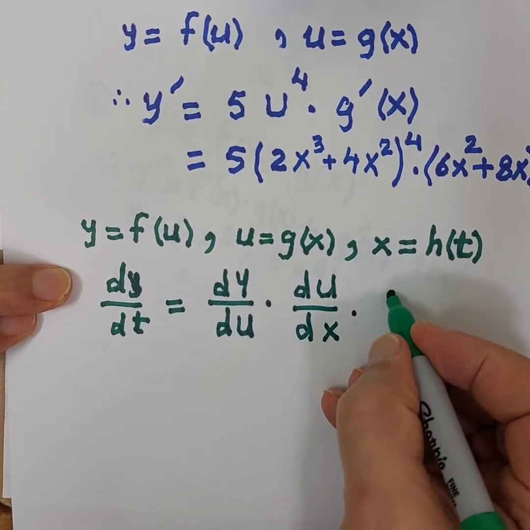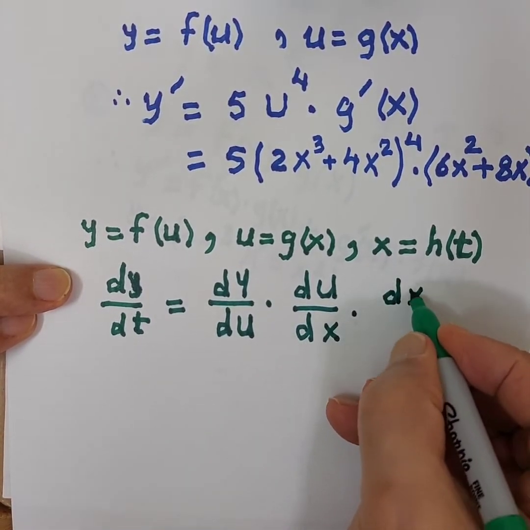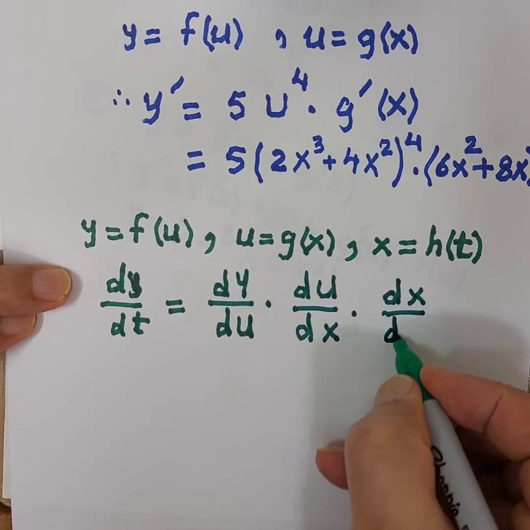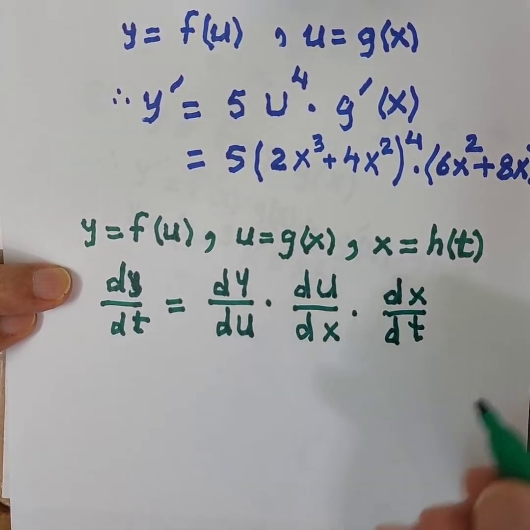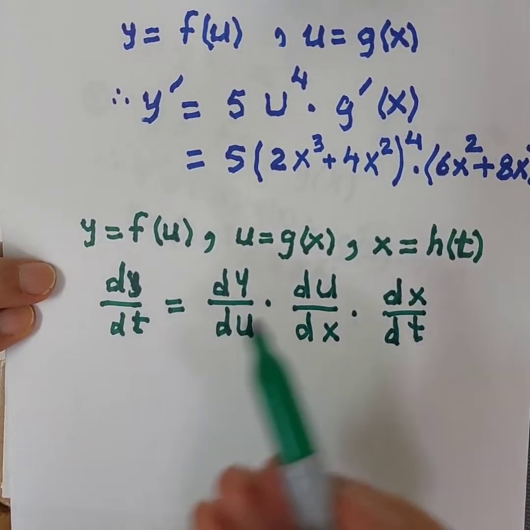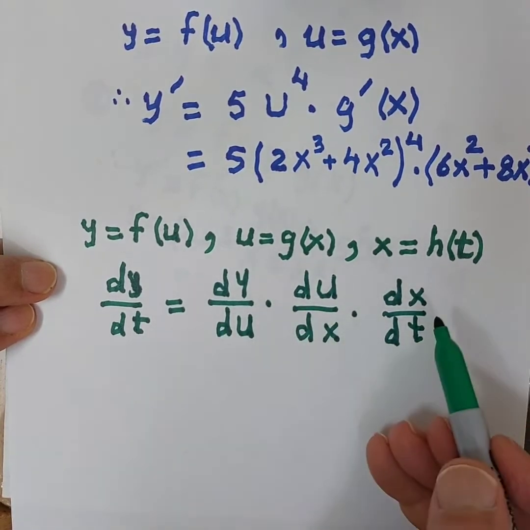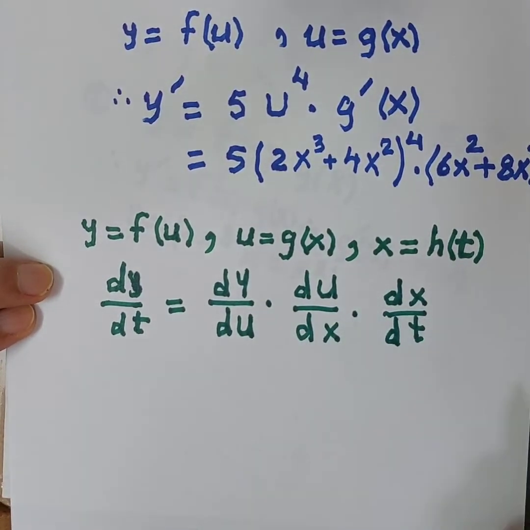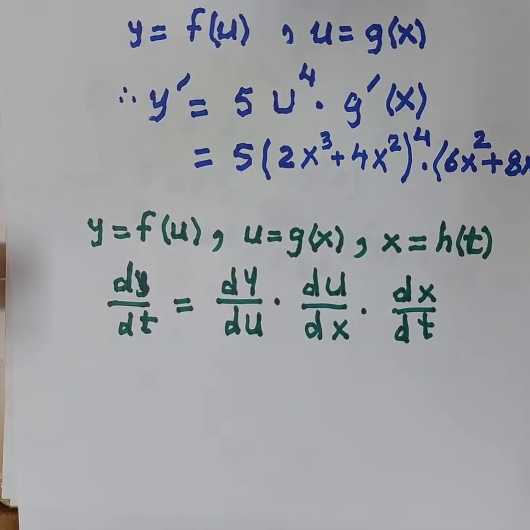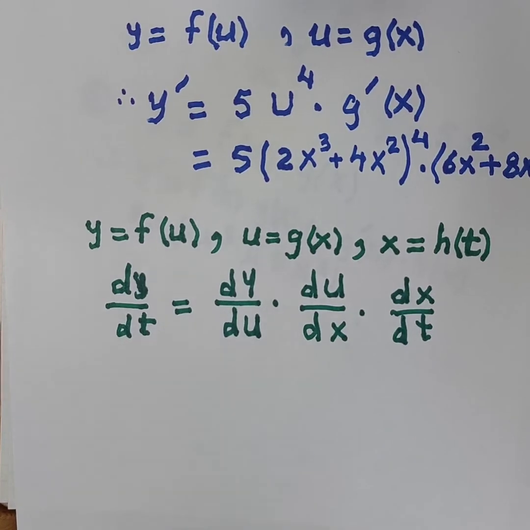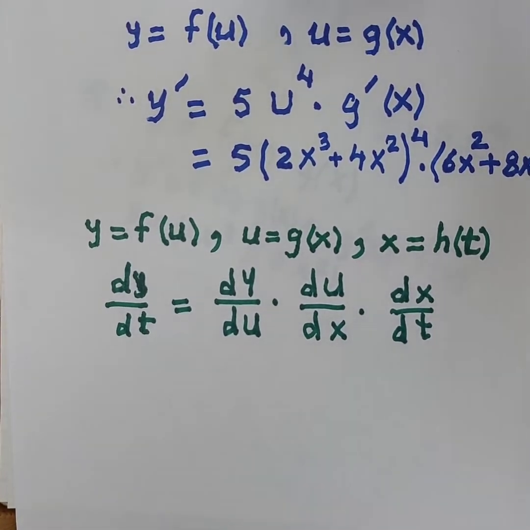Third, we find dx by dt. See, it's like a chain. One leads to another, the other leads to the third, and so on. If we have more than 3 variables or 4 variables, whatever the number, that's why we named this rule the chain rule for derivation.